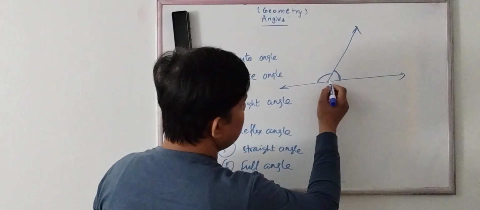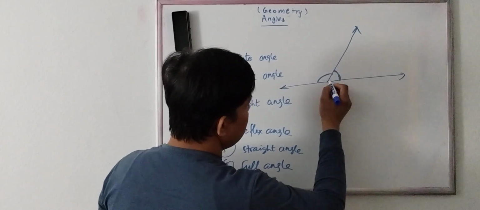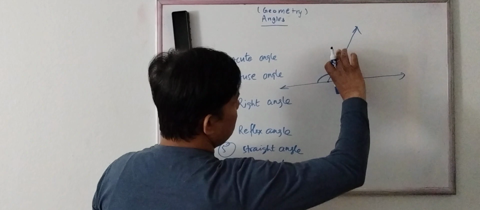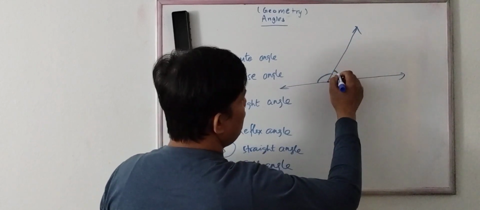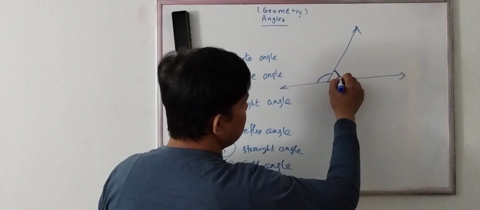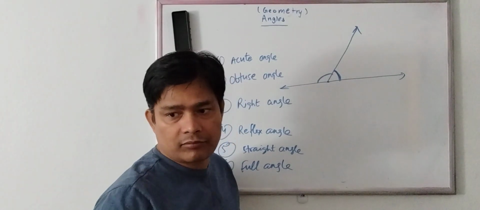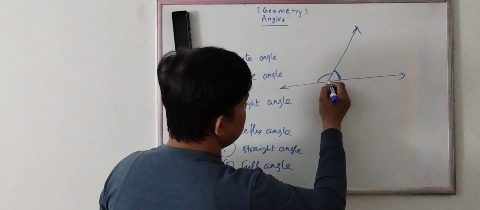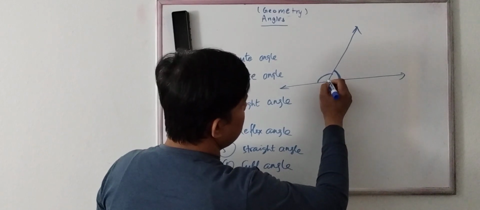So basically, when these two lines are touching each other, what is the separation between these two at the point of the intercept.